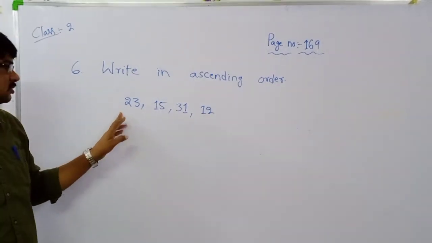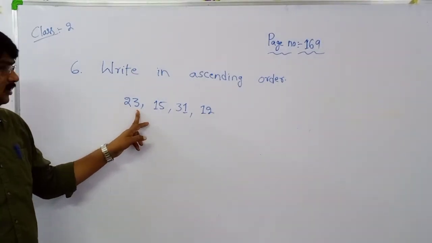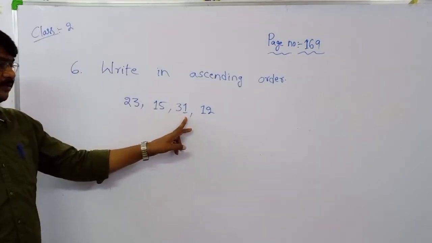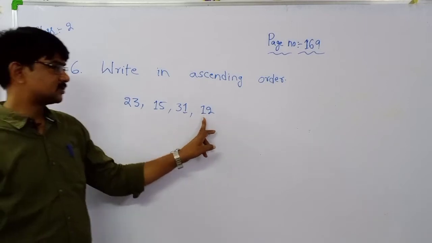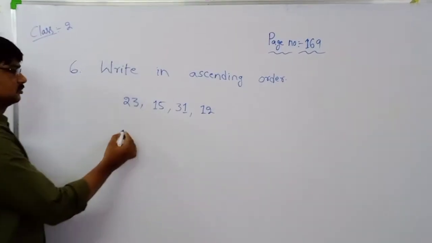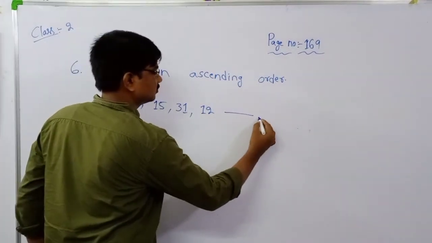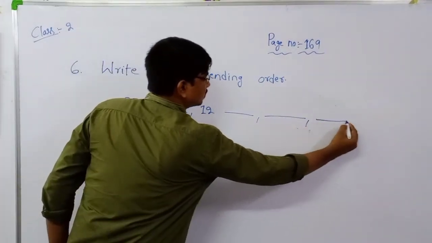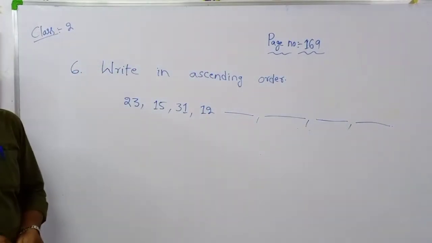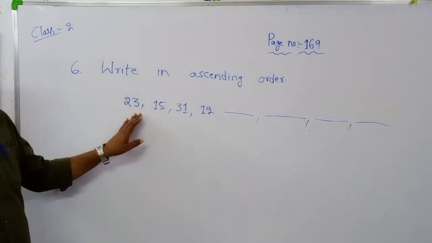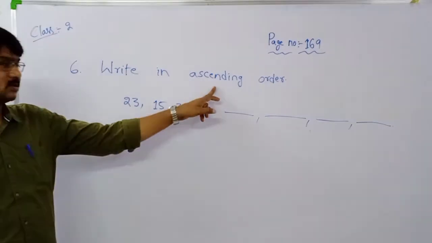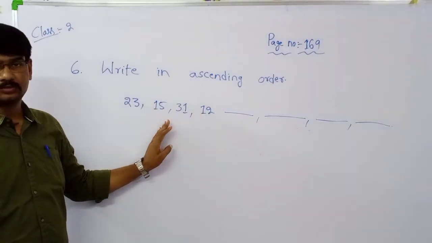What are the given numbers? 23, 15, 31, 12. Four blanks are given. Now, what is the ascending order? Writing the numbers small to big.